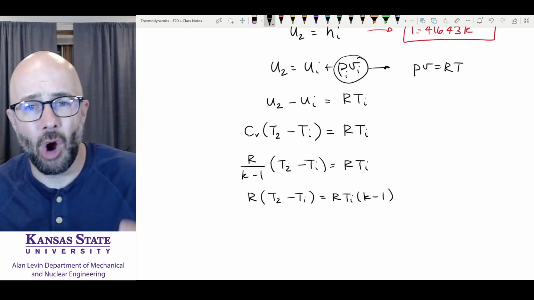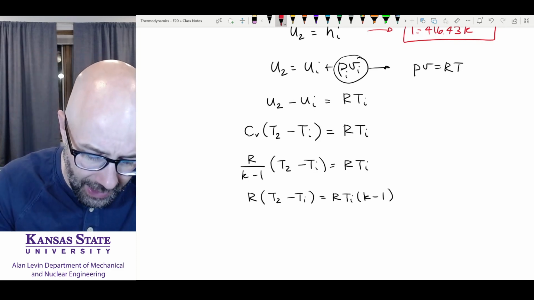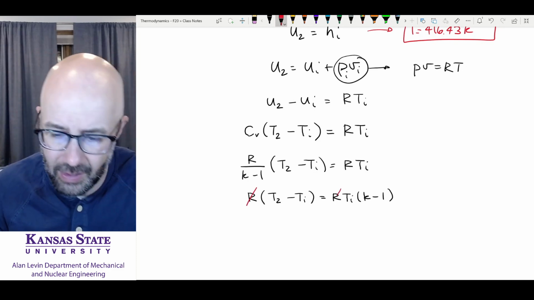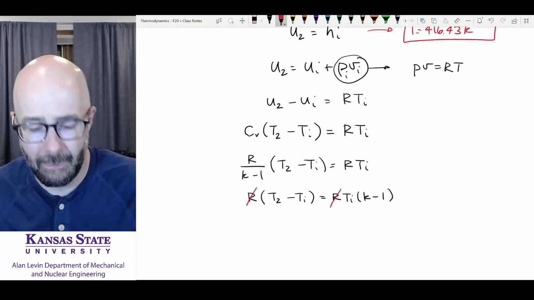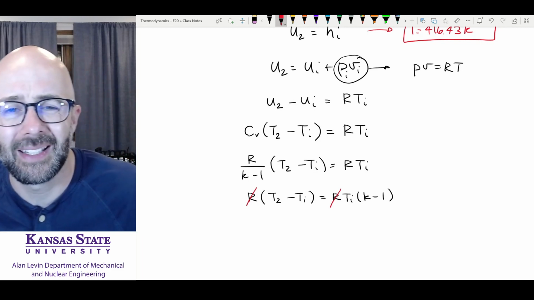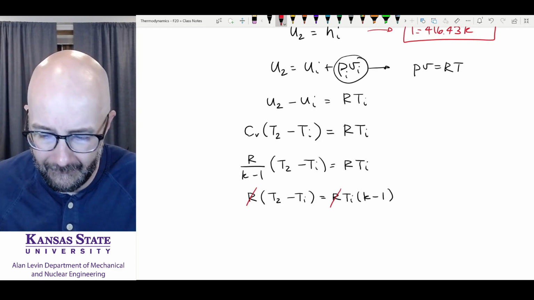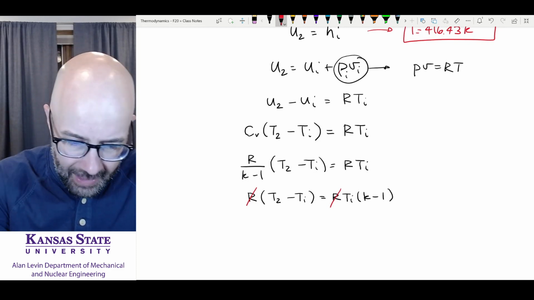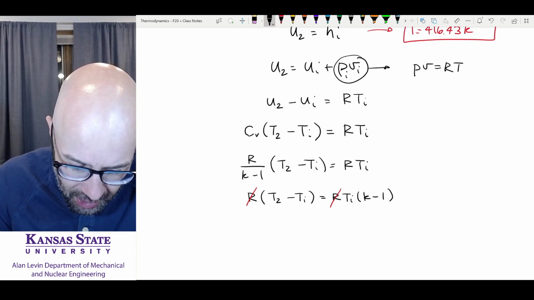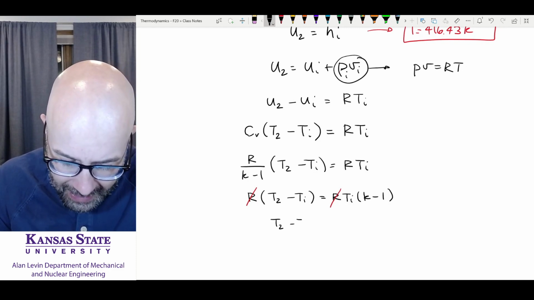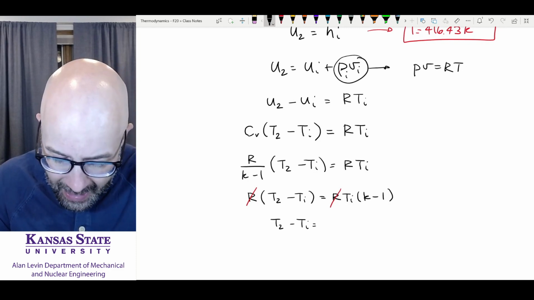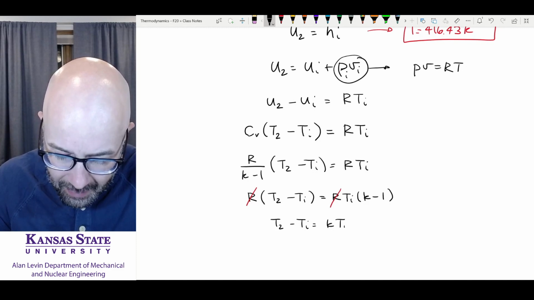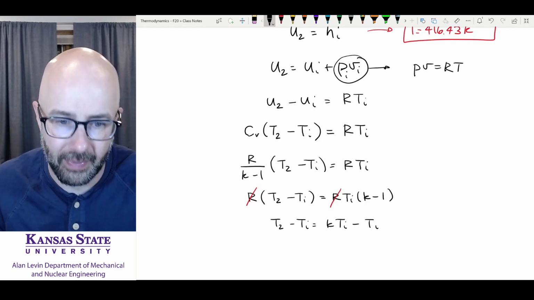Okay, I notice I have an R in both sides of my equation, so I can cancel this R and this R. I don't have to worry about them anymore. I could have done that in the first step, but I just didn't see it right away. Next, I can multiply through and say T2 minus Tn is equal to K times Tn minus Tn.